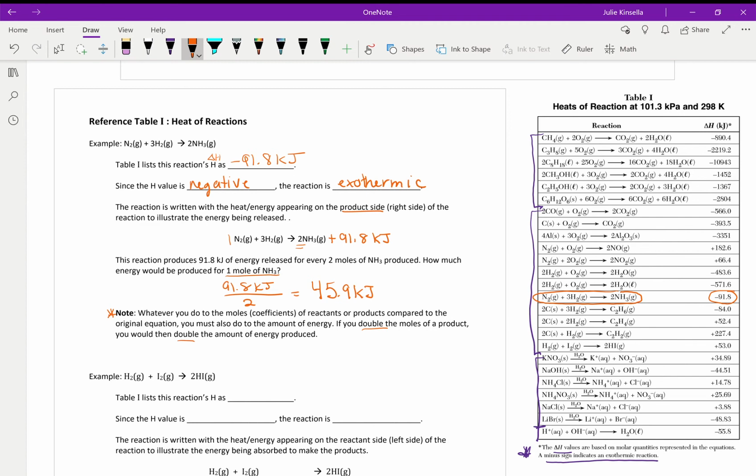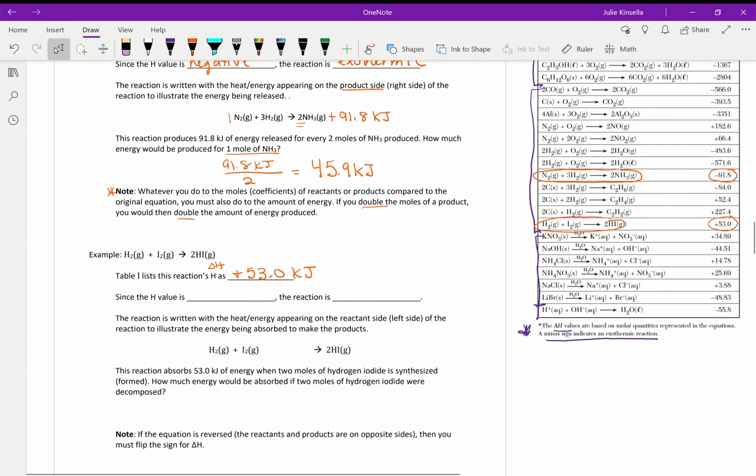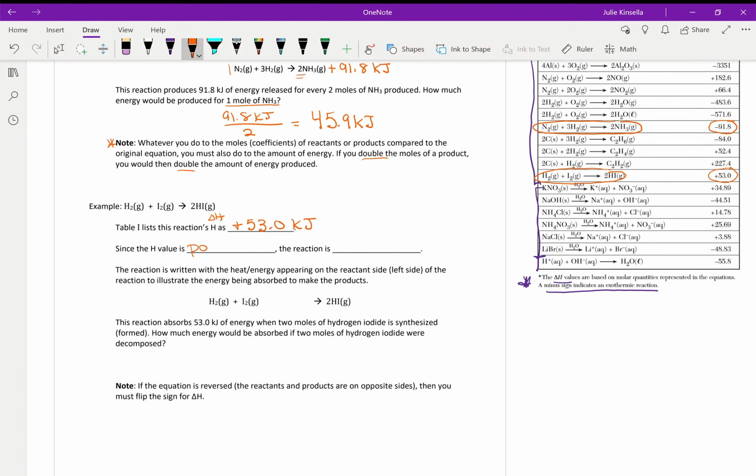Okay. All right, getting into another example here, we have another synthesis reaction. For this one, I'm looking at my H2 plus I2 yielding hydrogen iodide, and here I get a positive 53. So Table I lists this reaction's delta H as positive 53.0 kilojoules. Okay, this delta H value is positive, so this represents an endothermic reaction.